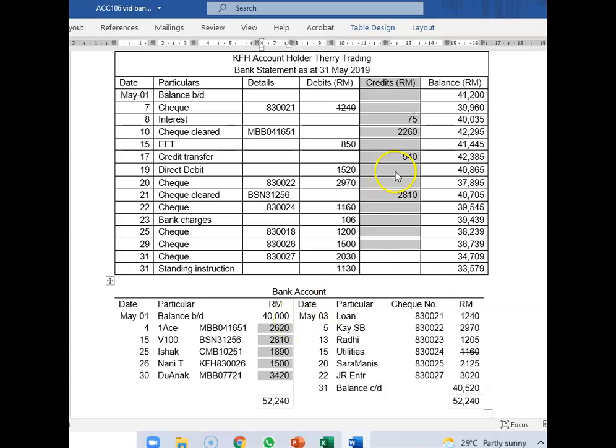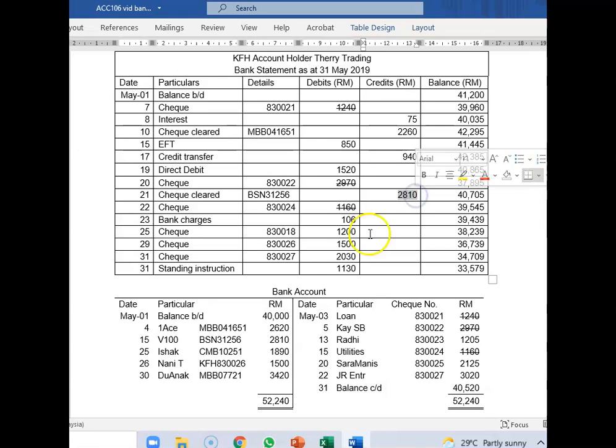Okay, so first we look at the 75 amount. No, there is no 75 on the debit side of the bank account. 2,260, no, there is none. 940, okay, none of it also. 2,810, okay, I saw 2,810.